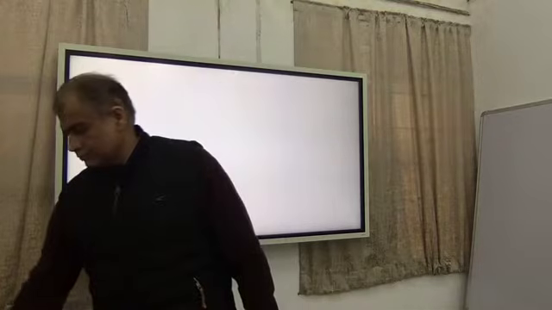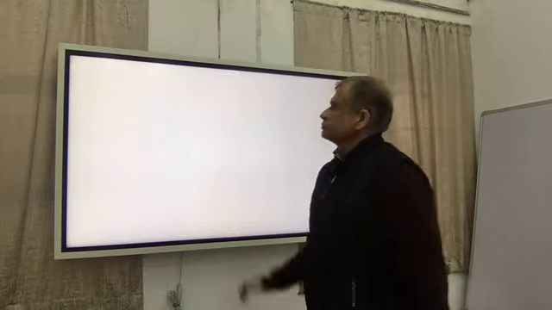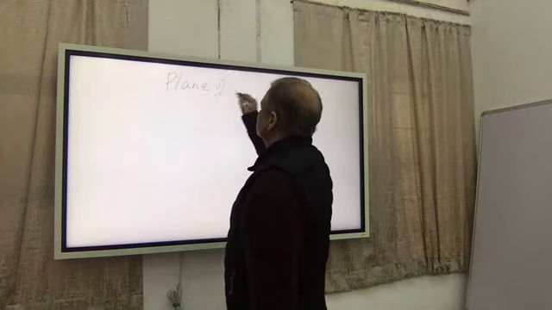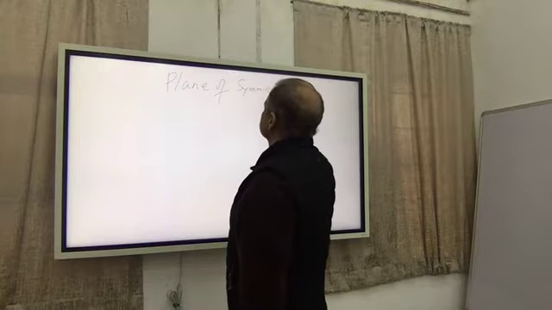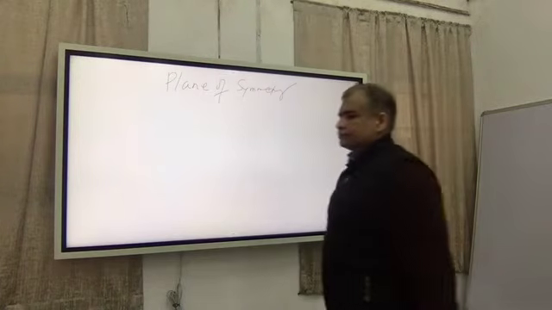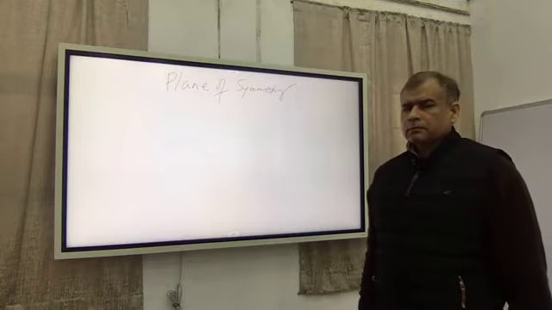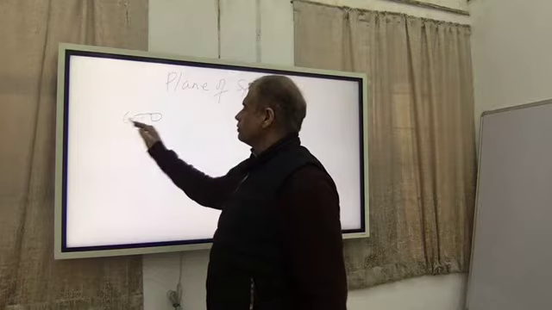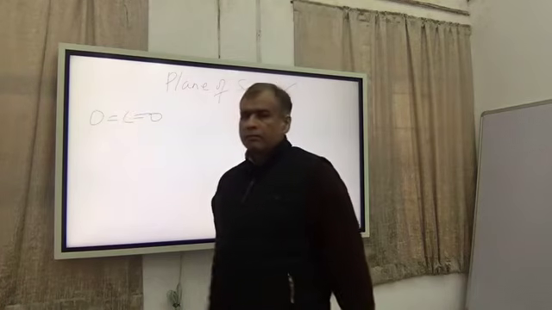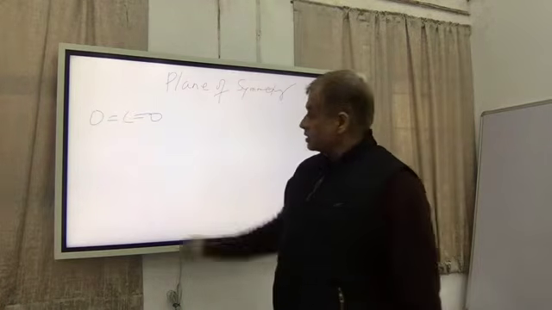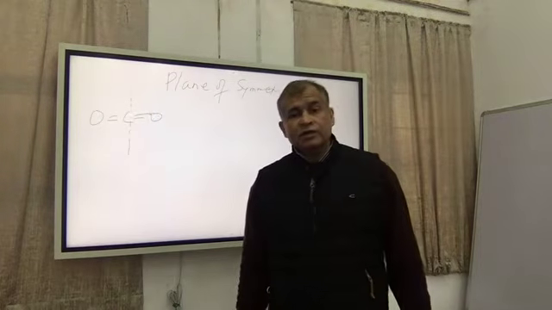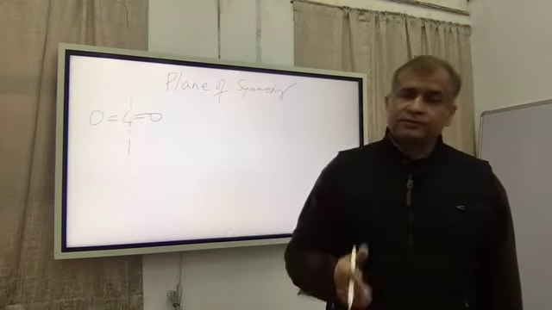Now, let us go to the next element of symmetry, which is called plane of symmetry. Let us start with the simplest molecule, CO2. It has a plane of symmetry here, lying on the C2 axis, exactly on that axis.